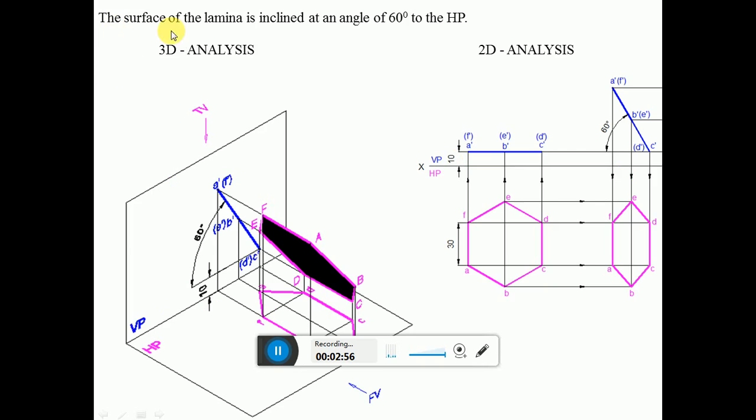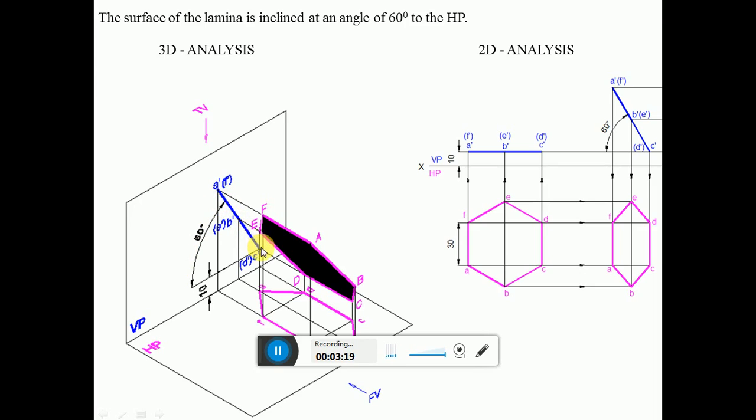Now he says the surface of the lamina is inclined at an angle of 60 degrees with HP. So we keep CD above HP by 10 mm, and then the surface is made inclined at an angle of 60 degrees. If you do that, the surface is still perpendicular to VP.